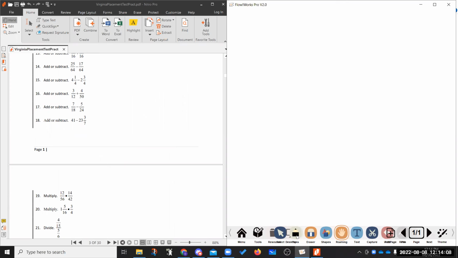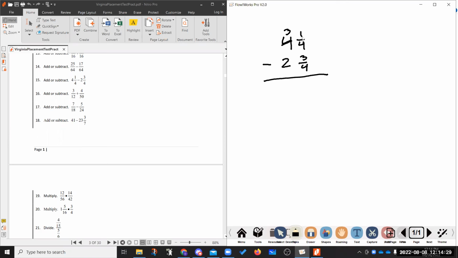Now they want us to deal with some mixed numbers. 4 and 1/4. I'm going to do this vertically. Minus 2 and 3/4. I can't subtract 3 from 1, so I'm going to borrow 1 from 4 to make that 3.